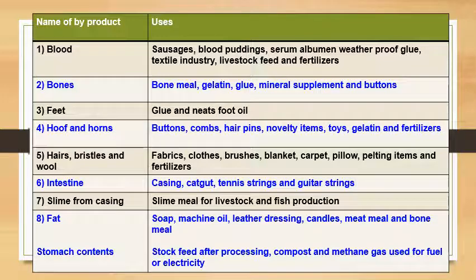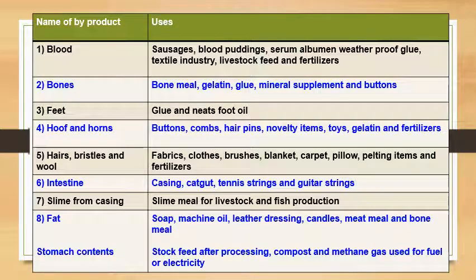Intestine is commonly made into casing or catgut, that is a suturing thread used for sutures in the internal parts during surgical operations, or it can be used as tennis strings or guitar strings. Slime from casing: while making casing, a lot of slime comes out during the scraping, so that can be used as a meal for livestock or fish production.